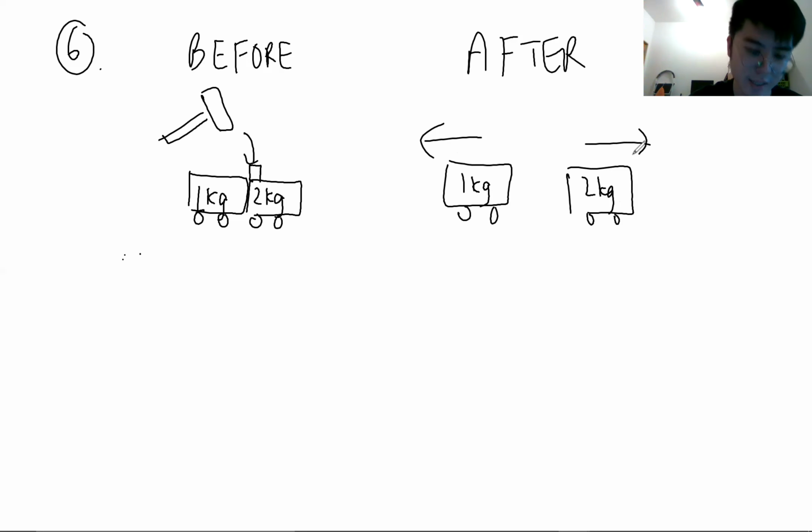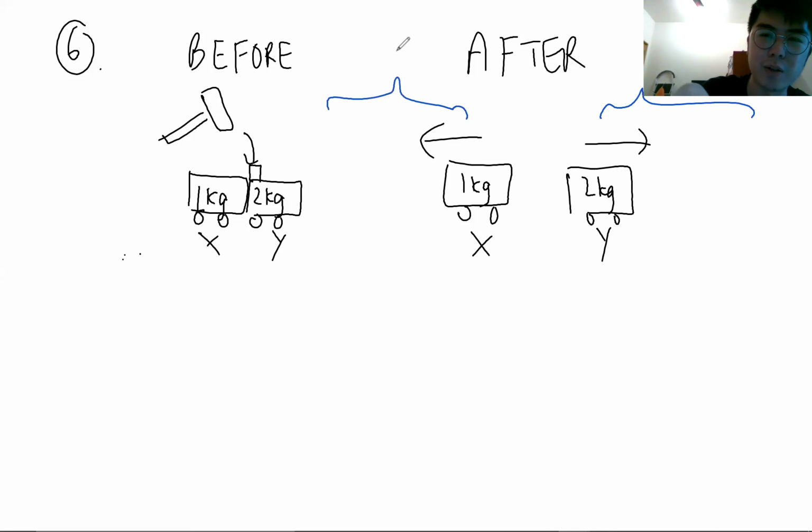Now it says that if trolley Y moves a distance of 3 meters, then what is the distance moved by trolley X?